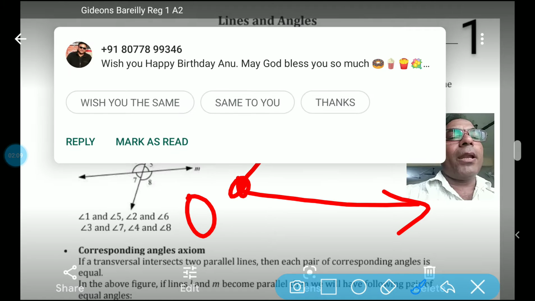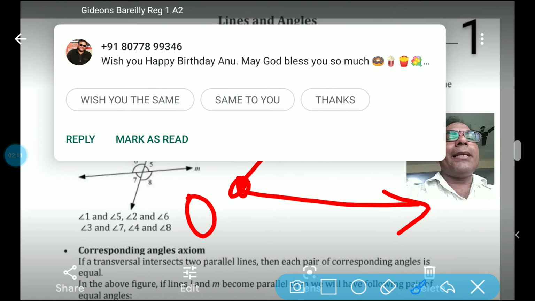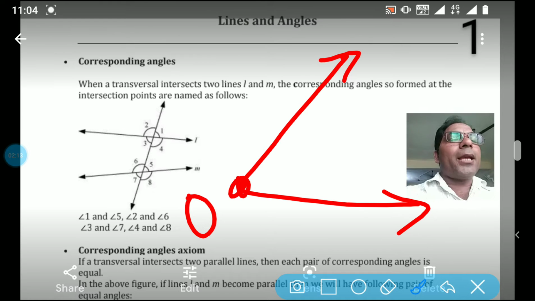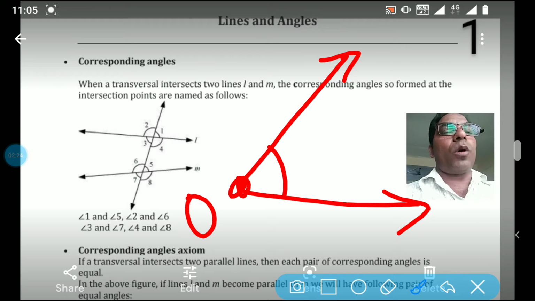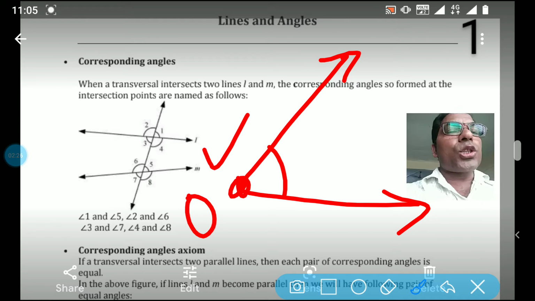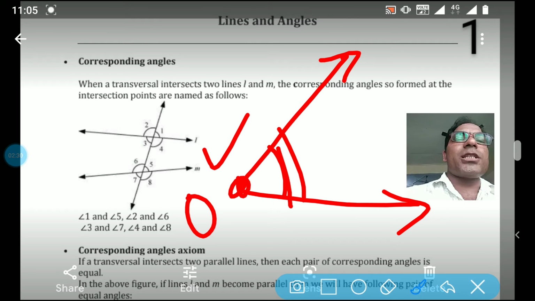I have given O here, and these lines will make the angle. O is the vertex, and when these two lines are produced from one point, that point is called the origin point, and these two arms will make an angle. So this is an angle.